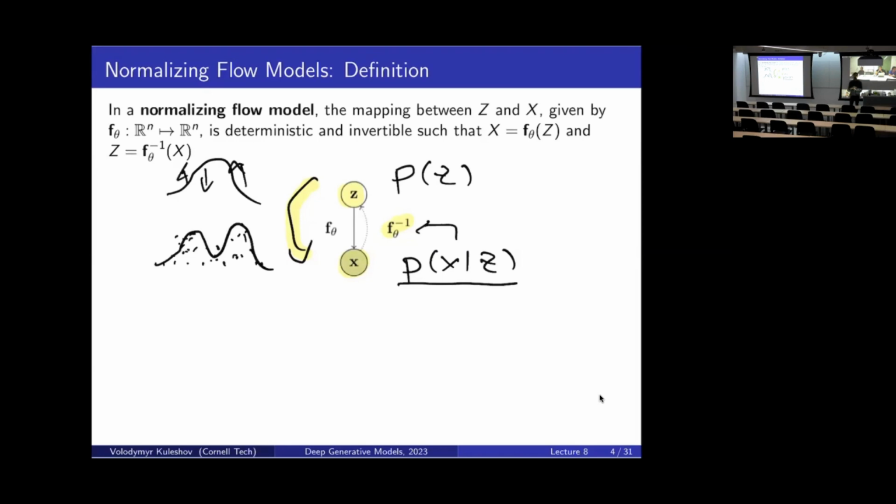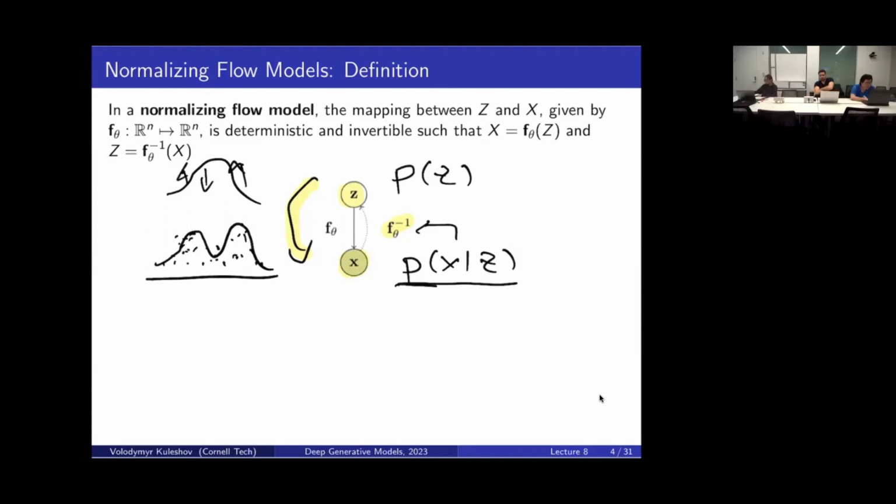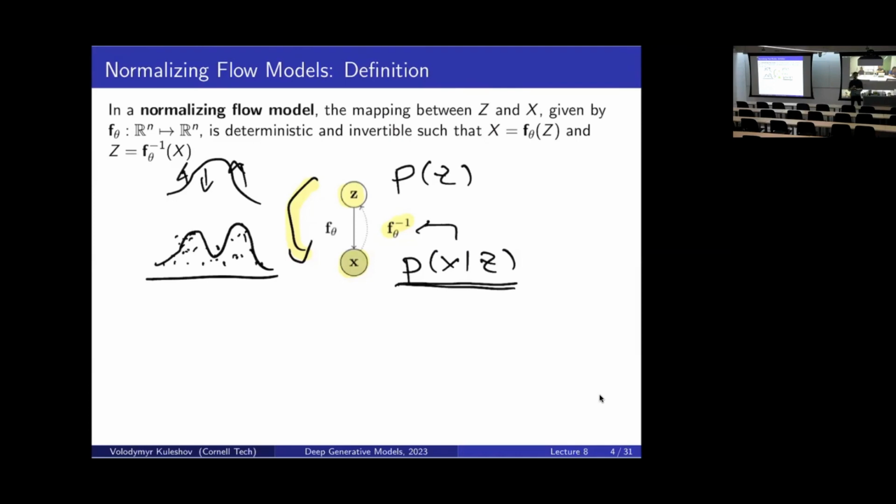So it learns to remap the simple distribution, and now we can get a more complicated distribution for x. So even though each p of x given z is essentially a delta function, with all the probability mass on just one x, this still defines a valid marginal distribution over the x's.